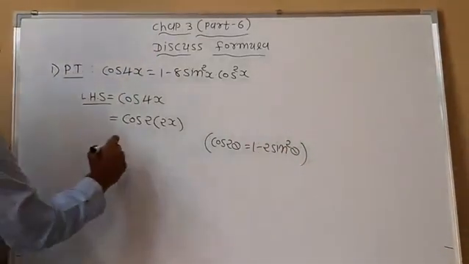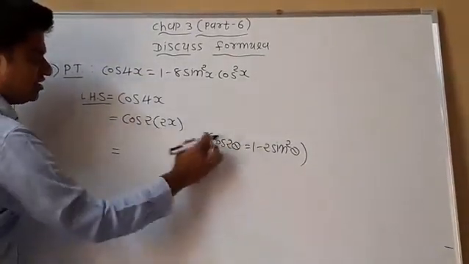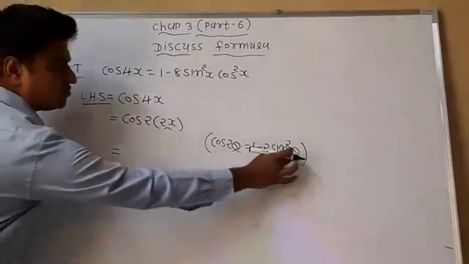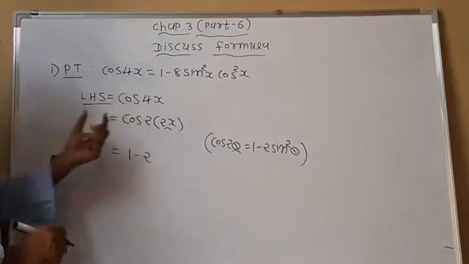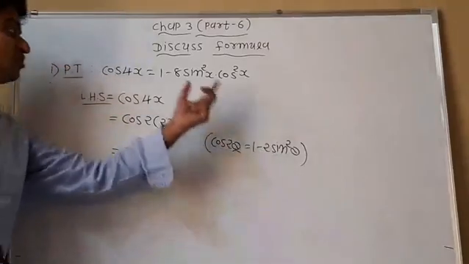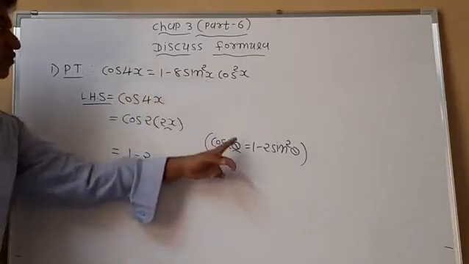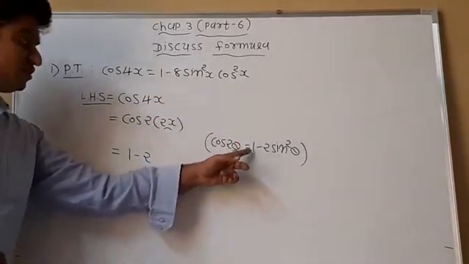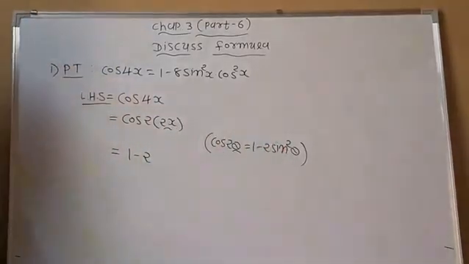Okay. Now apply this identity, and here in place of theta consider 2x. So now substitute this value here. So 1 minus 2 sin square of 2x. Why are we compulsorily using this identity? Because in our proof only the sin form is present, and all three formulas, only one has the sin form. That's why we use cos 2 theta is equal to 1 minus 2 sin square theta.